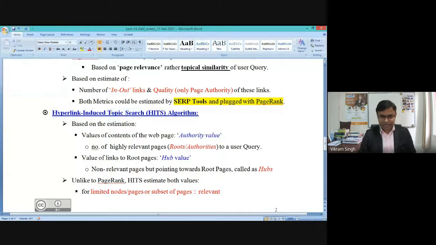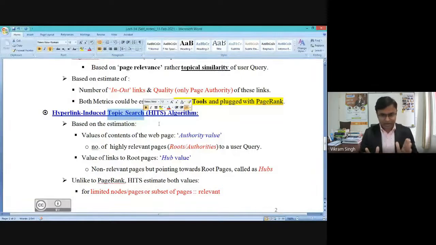So when it is said to be a topic search based algorithm, it means the HITS algorithm is adapted to rank web pages, to arrange the ranked page importance after getting the user's query. That is the difference, right? The PageRank algorithm can be applied before the user query and along with the user query.